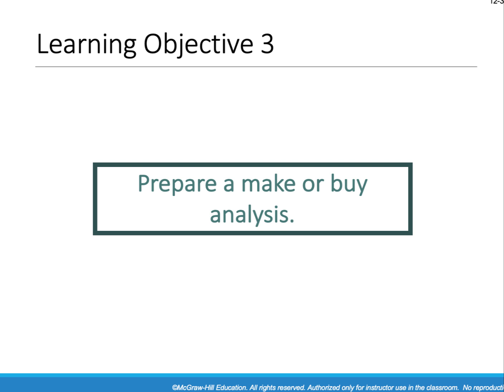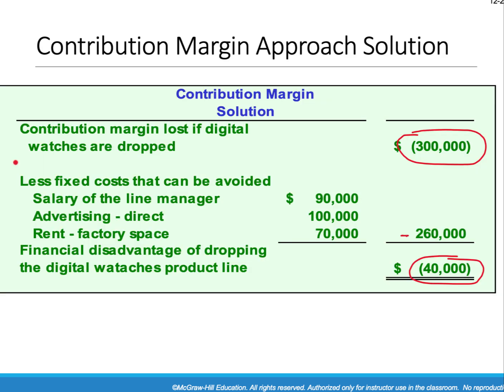So again, when we're talking about the keep or drop or add or drop decision, remember there's two things that we can do. We could do the differential approach, or the differential cost approach, looking at the contribution margin and saying, okay, what are we losing?